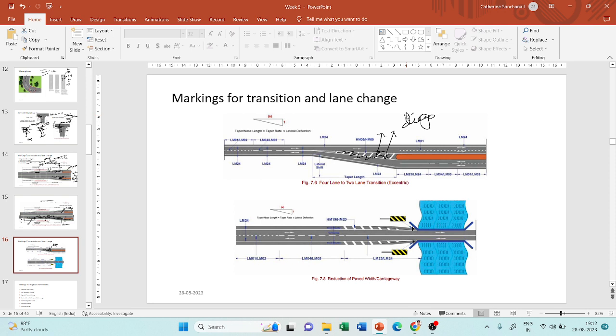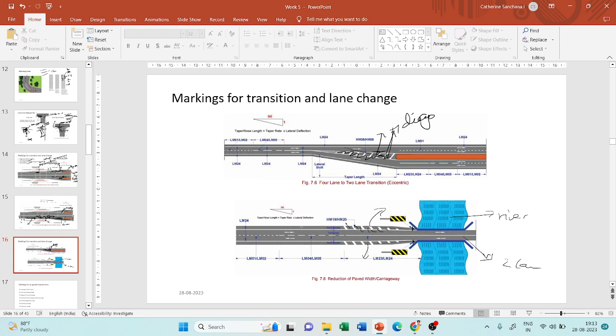Now if you see, I told you about hatched markings, right? So this chevron or diverge or diagonal markings are provided in the middle, but if these markings are provided along the edge of the roadway, it is called hatched markings, and this also helps you to make a smooth transition. Say this is a river, right? And it has a bridge, and this bridge has only two lanes, without any shoulder.